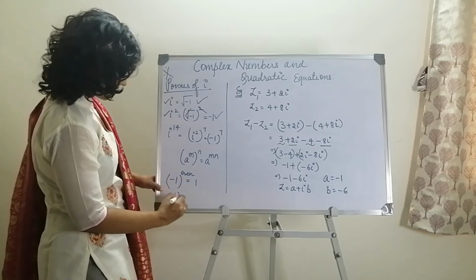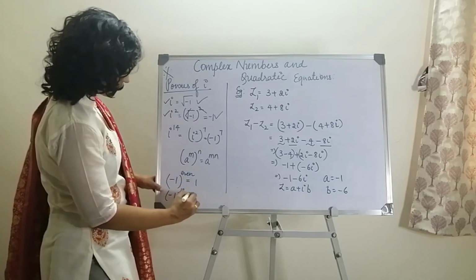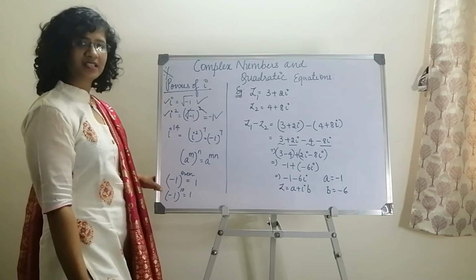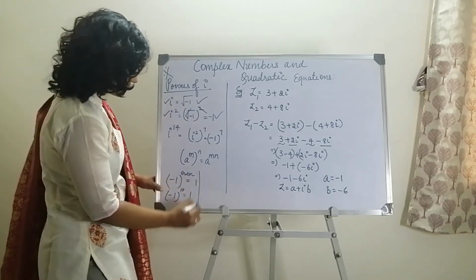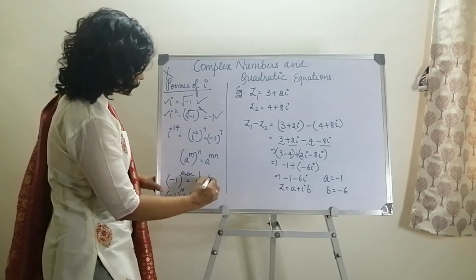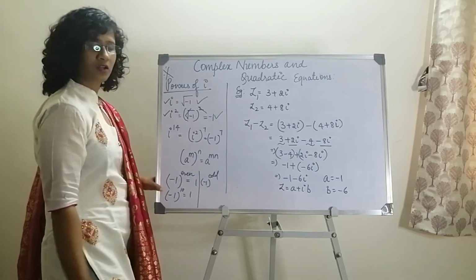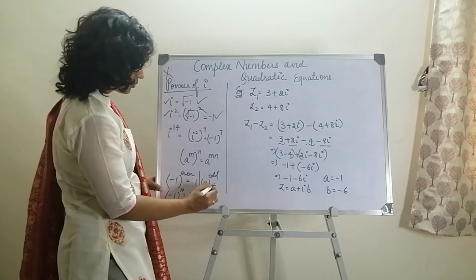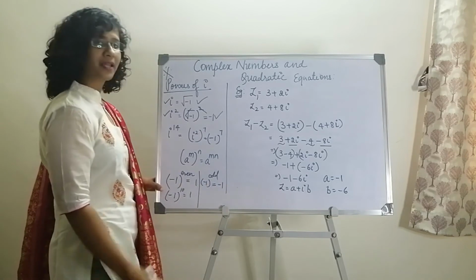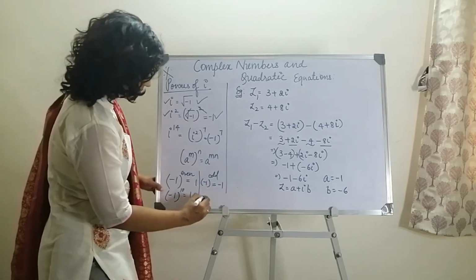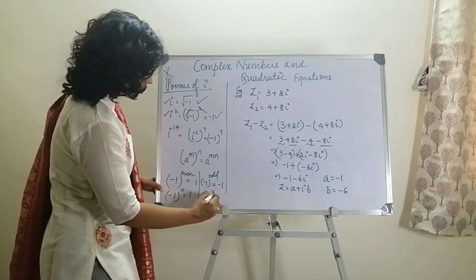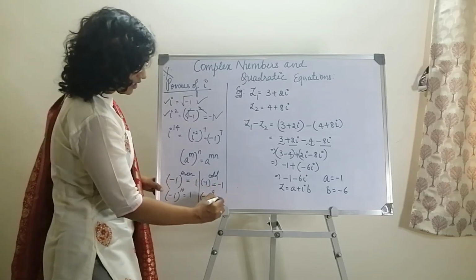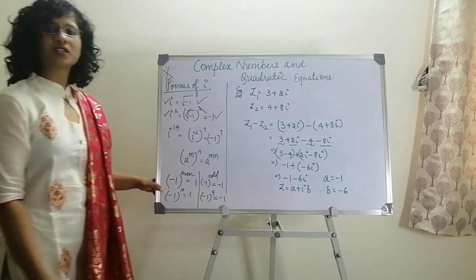So for example, minus 1 whole to the power 10, you will get positive 1 itself. Similarly, minus 1 to an odd power, you will get back minus 1 itself. So for example, minus 1 whole to the power 9, you will get your final answer as minus 1 itself.